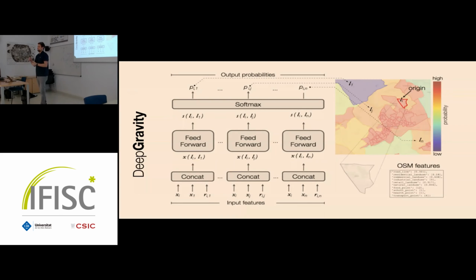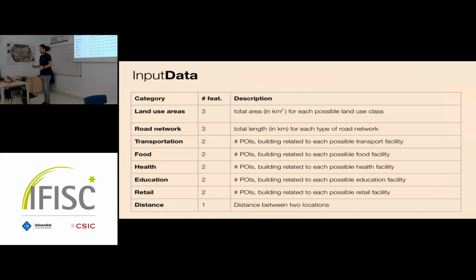Then, of course, we transform such probability into a flow using the population information that is available basically worldwide. And again, we push into this model additional information such as the land use, the road network, transportation, food points of interest, and other things, that can be helpful to understand why a person may move between such areas.